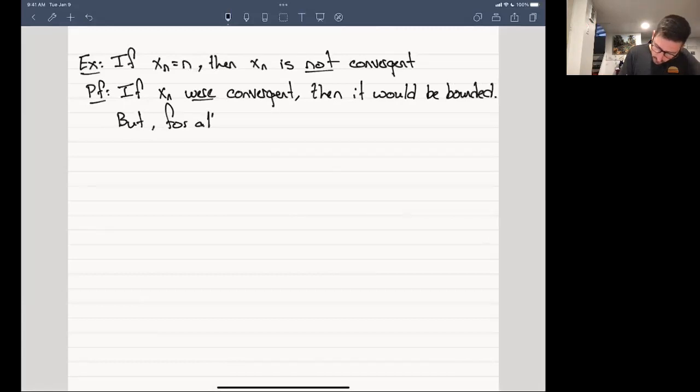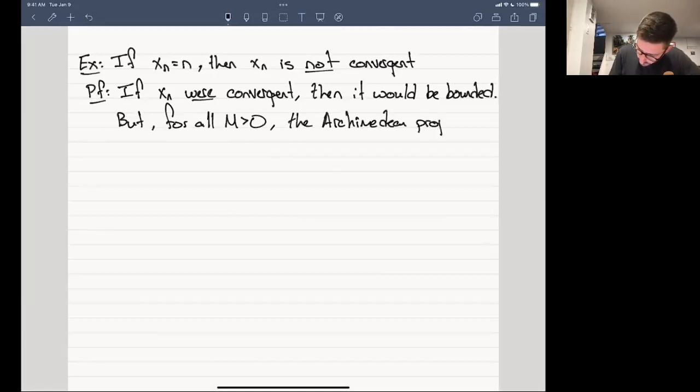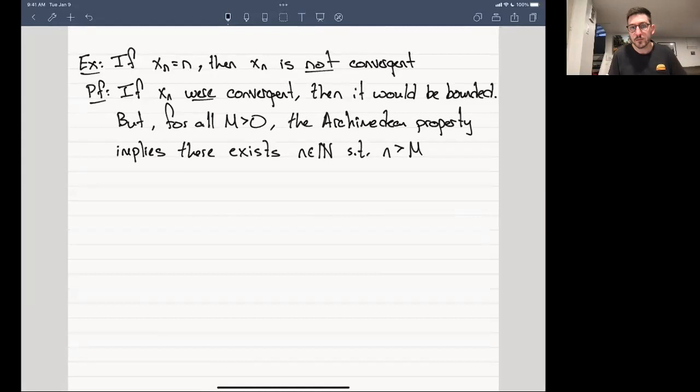For all m greater than 0, so you say, imagine there is a bound, maybe some capital M. The Archimedean property implies there exists a natural number n such that n is greater than M, which implies that x sub n is greater than M. So you can always get outside of that interval from minus M to M here.